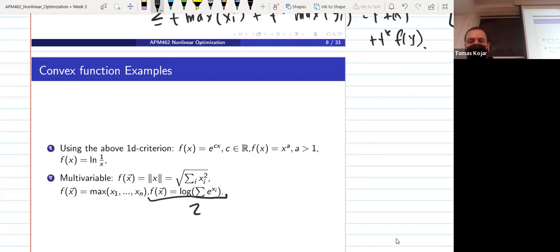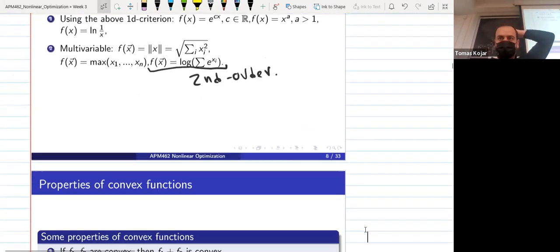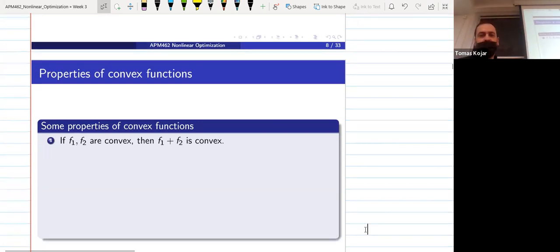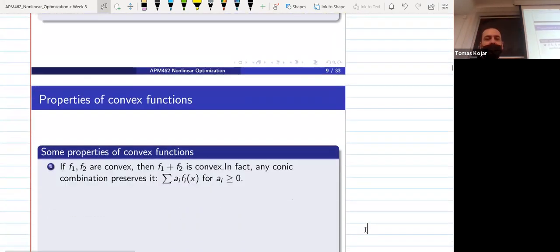We need the second order condition. All right, anything else? Yeah, let's go over some properties. So if you give me two convex functions, their sum is convex. In fact, if you take any conic combination, it's called conic because the coefficients are positive.